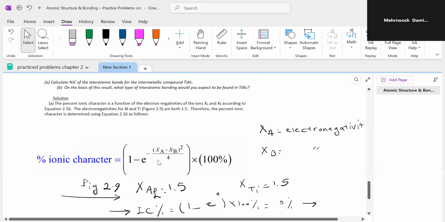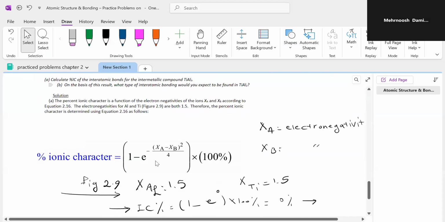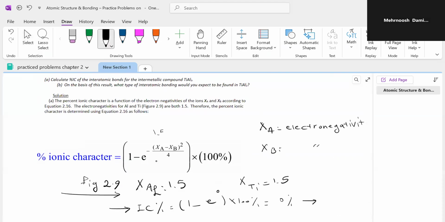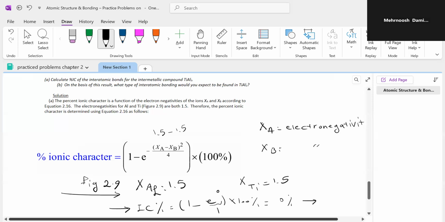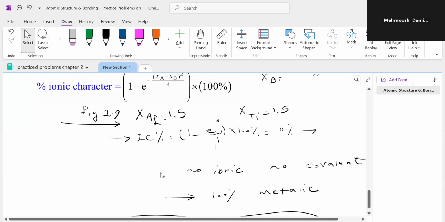If you substitute in this equation, 1.5 minus 1.5, it should be 0. So it means that the IC percentage is 1 minus e to the minus 0. E to the 0 is 1. 1 minus 1 is 0%. What's the meaning? It means not ionic, not covalent, and this bond is completely a metallic bond.